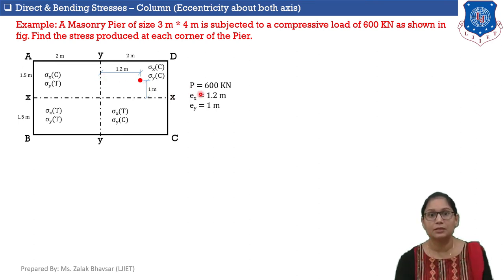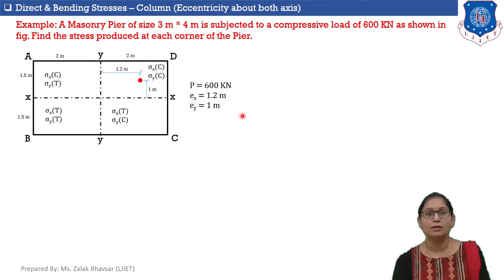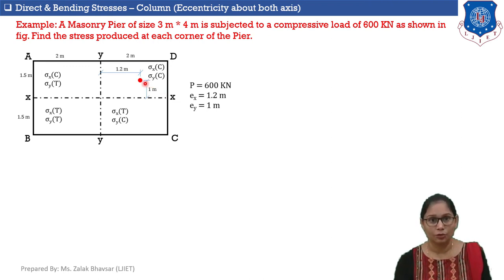It means Ex is 1.2 meter. Now the load is 1 meter away from the x-axis. So eccentricity of this load about y-axis is 1 meter, which is Ey. Okay. Now we need to calculate stress produced at each corner of the pier.